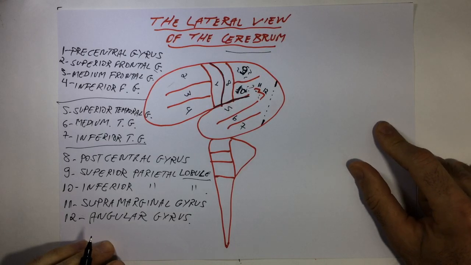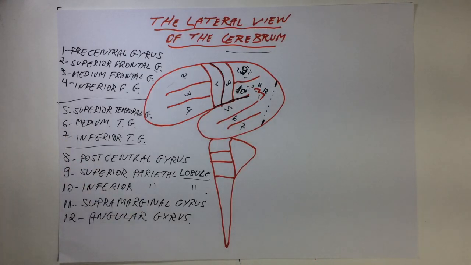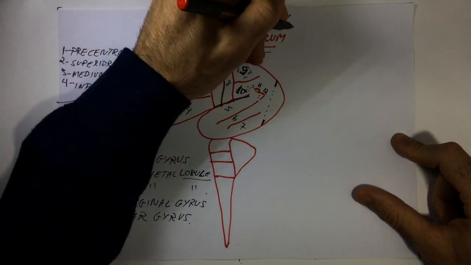Angular gyrus. Okay, and with that we have the description of the whole cerebrum in its lateral view.